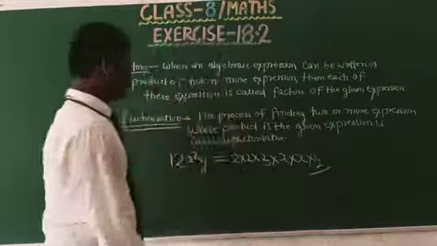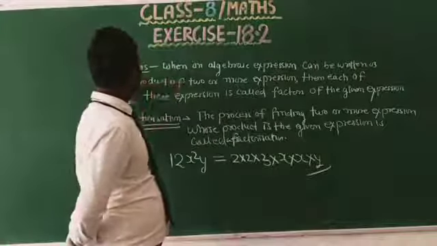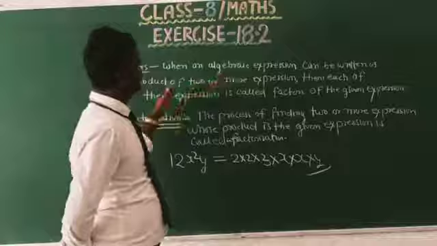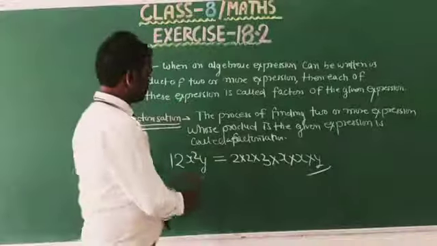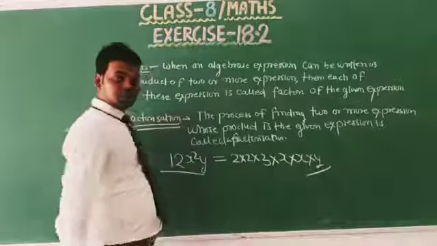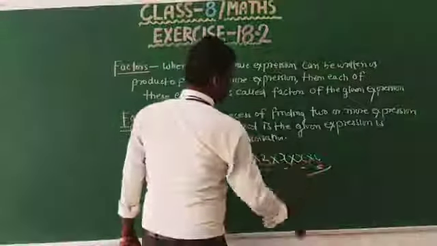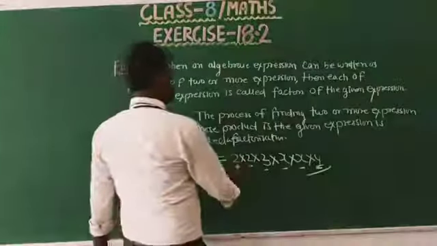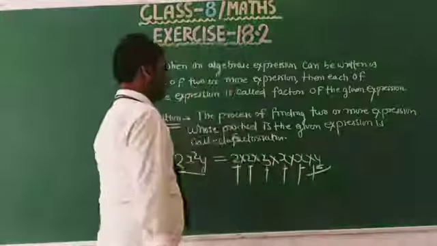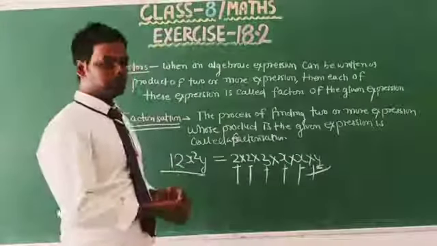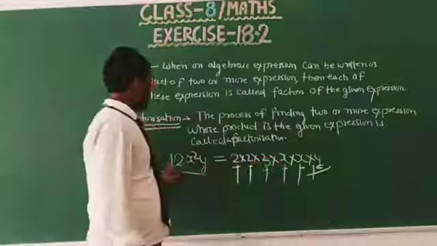Okay, so the definition of factors: when an algebraic expression can be written as a product of two or more expressions, then each of these expressions is called a factor of the given expression. Means we can say 2 is a factor of 12x square y and x is a factor of 12x square y.